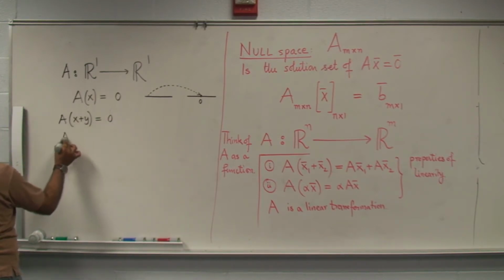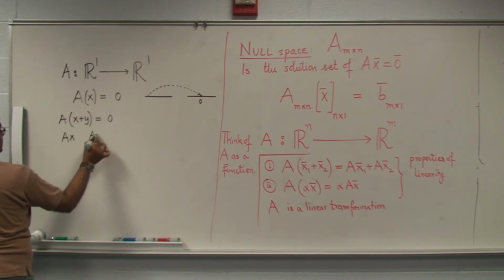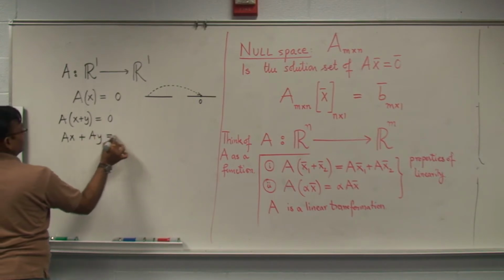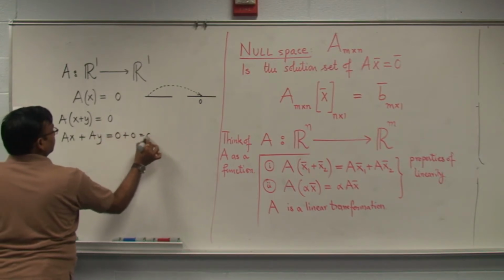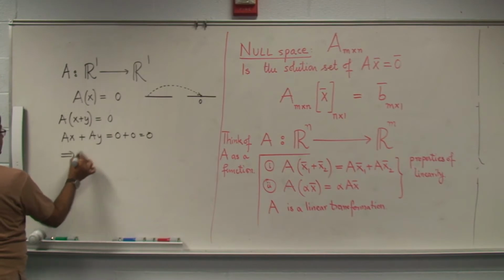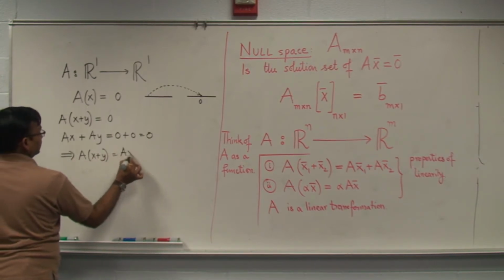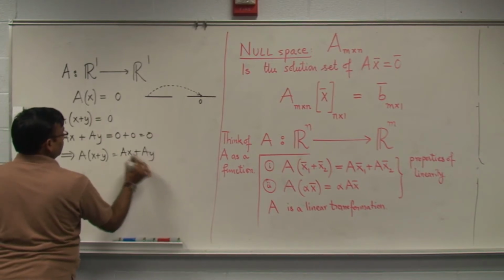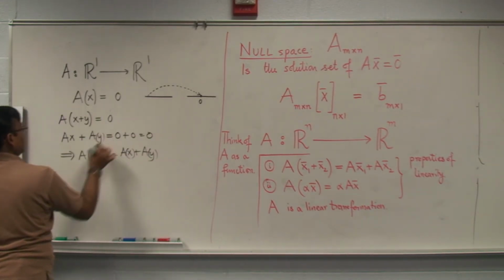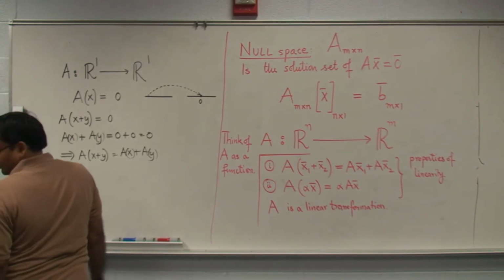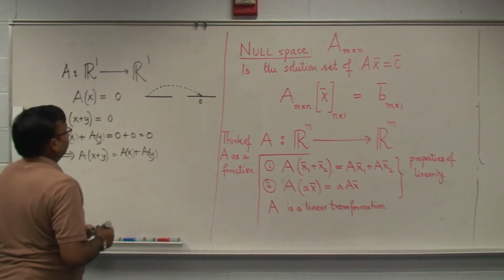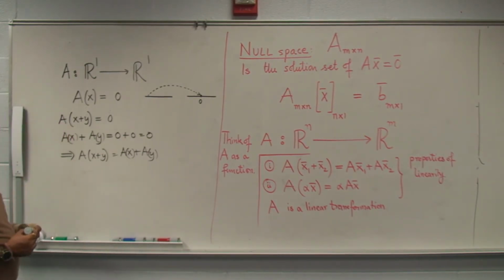Now if I look at Ax and Ay, both are getting mapped to 0, so their sum is getting mapped to 0. So this implies that A of x plus y is Ax plus Ay. You can check the second part also similarly that it works. So it is a linear function.